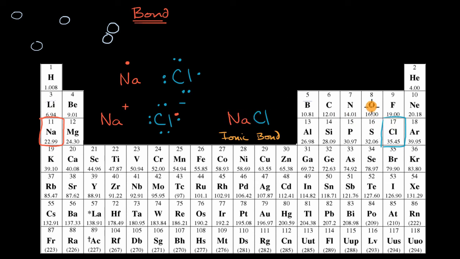Let's say we're dealing with two oxygen atoms. So let me draw one oxygen here. A neutral oxygen has 8 electrons total, but 6 of them are in its outer shell. So it has 1, 2, 3, 4, 5, 6 valence electrons. And the way that I arrange them is I paired them up last.